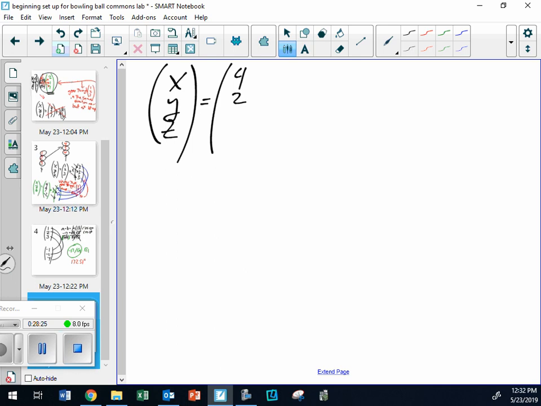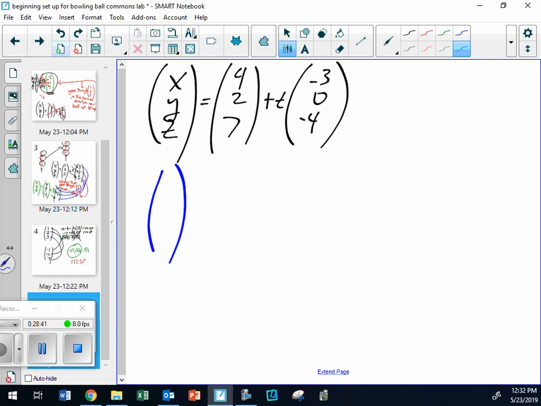4, 2, 7 plus, we're going to use t for this one, -3, 0, -4. That one and this one are either going to intersect, or they're going to collide, or both. What's the difference? If you're colliding, you're at the same place at the same time.